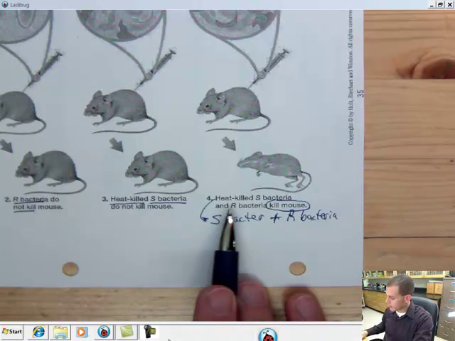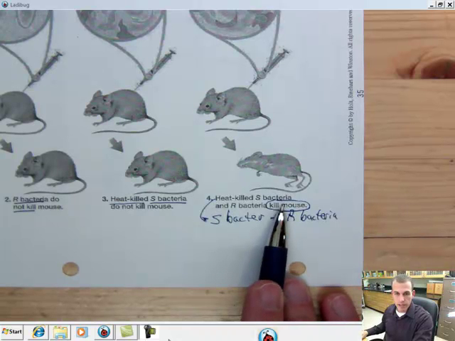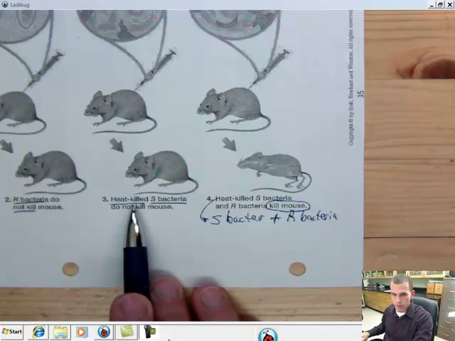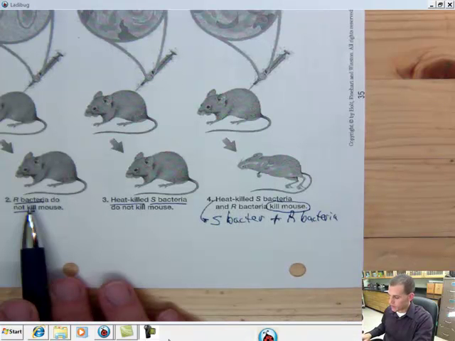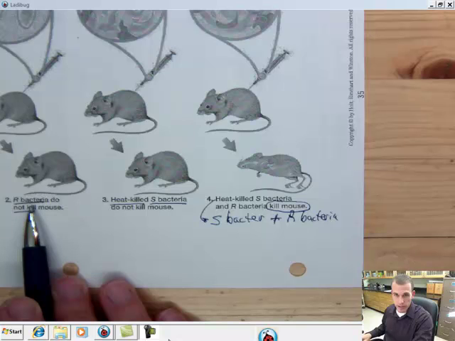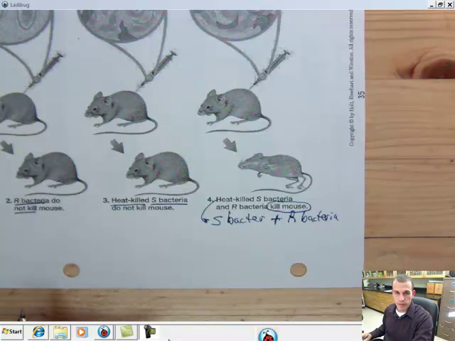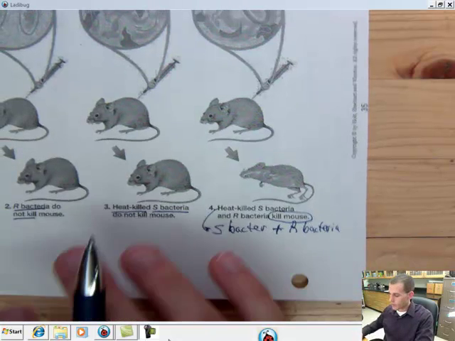So this heat-killed S bacteria that did not kill the mouse in step 3, when mixed with R bacteria that was reproducing regularly, was able to transfer its information from the S bacteria to the R bacteria, so it killed the mouse. Again, this was proving the idea of transformation that occurred within the organism. Now, we didn't know about DNA at this time. They didn't know DNA was actually the transferring material, but he knew that something was transferring the genetic information.